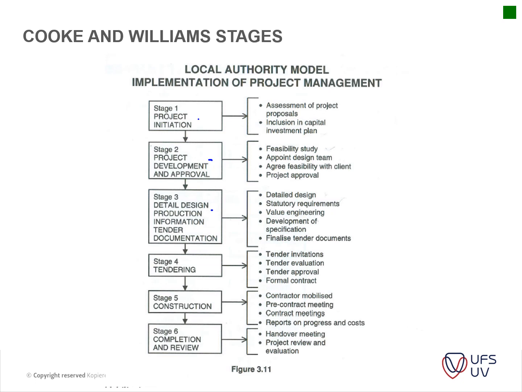See here we've split our tender documentation, which actually goes into stage 4, where the architect has a stage 4.1 and a stage 4.2, where 4.1 is the documentation that goes to the local authorities, and then 4.2 is the tender documentation. So within South Africa, the last section of stage 3 from the UK actually falls in stage 4 already.